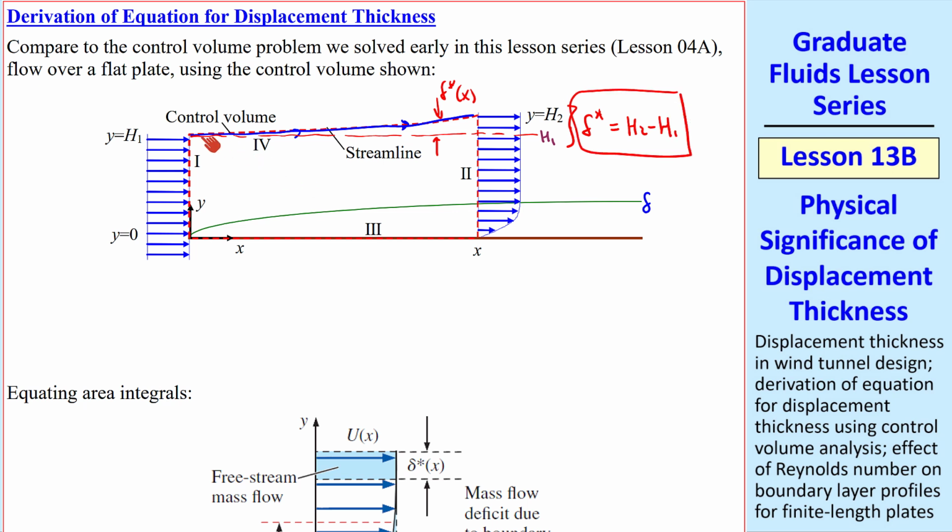I also point out that since the flow between these two streamlines, the upper one and the wall, must have the same volume flow rate or mass flow rate between inlet and outlet, the loss of mass flow rate in the boundary layer is made up by pushing this streamline upward, and we have some free stream flow up there that we don't have here.